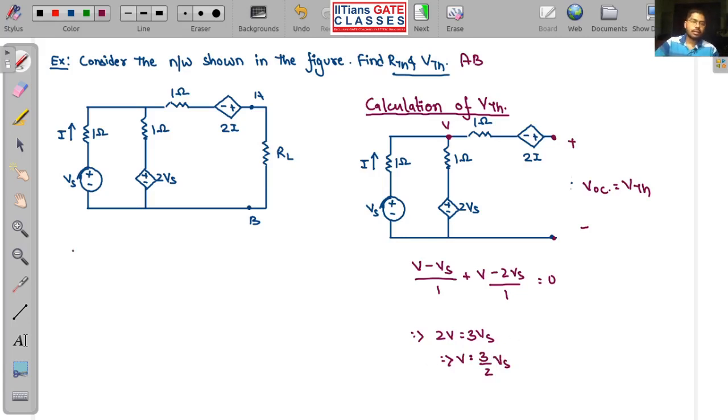Now, calculation of RTH. So how are we going to calculate RTH?